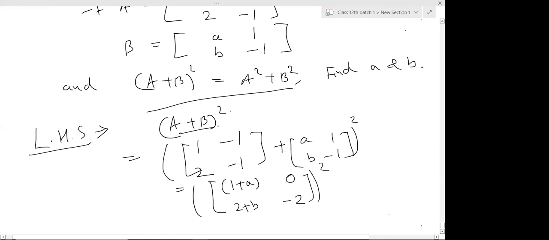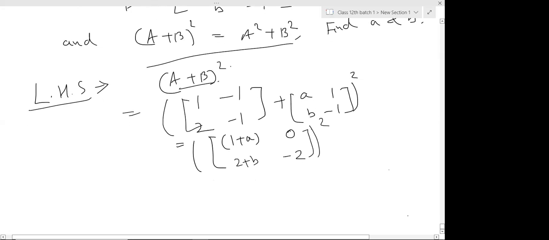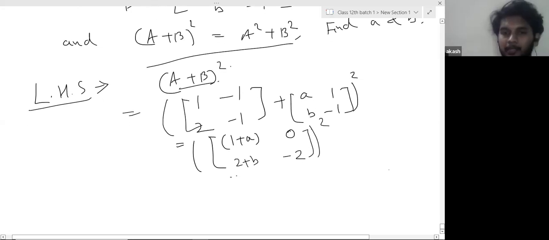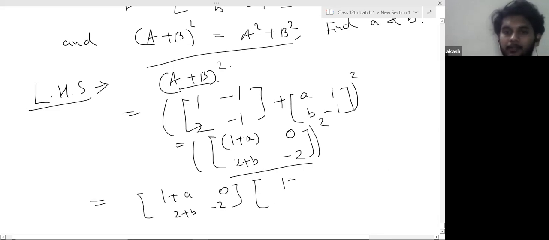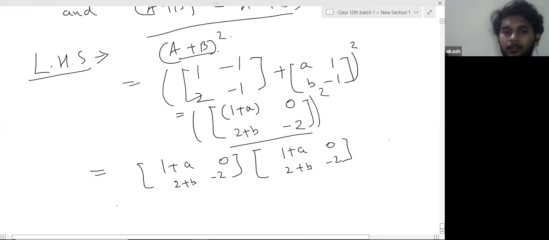Yes, sir. All right. Now what does square mean? Square means multiply this matrix by itself. So 1 plus a, 0, 2 plus b, minus 2 multiplied by the same matrix. Take this row, multiply with this column. So this is (1 plus a) whole square, and 0 into 2 plus b is the same thing.